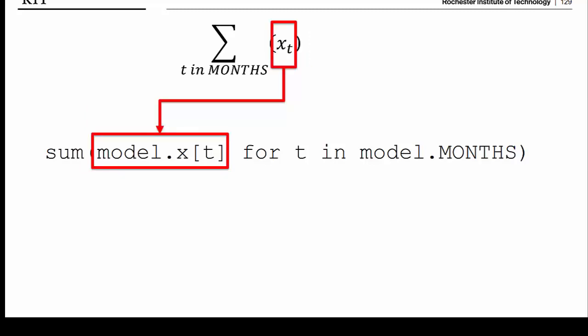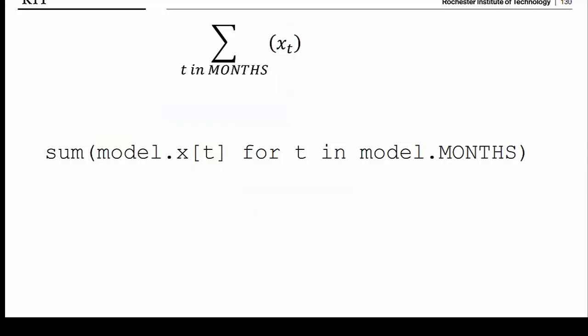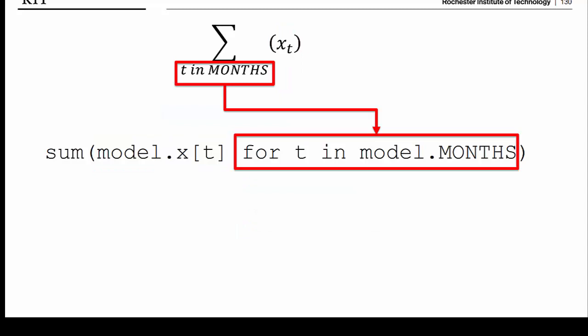And then the very first thing we put inside those parentheses is the expression for what we're summing. So here we're summing x sub t. But of course we don't have subscripts in Python, so we're creating the idea of subscripts with square brackets. And then in the brackets, we write this placeholder t. And then after the expression for what we're summing, we need to put the range.